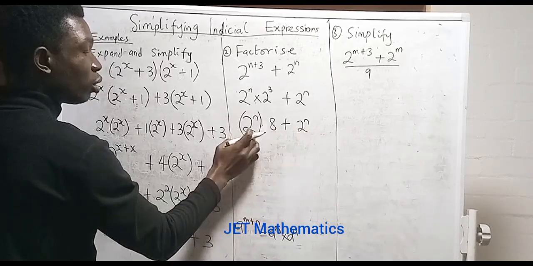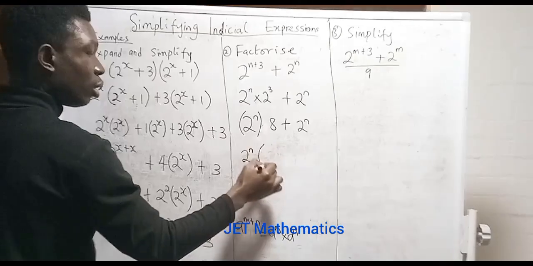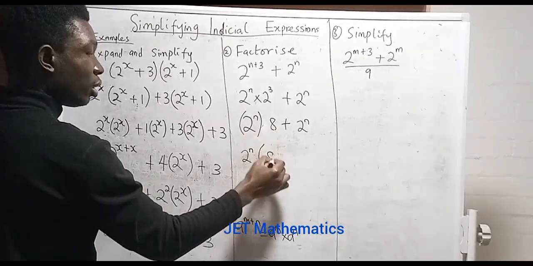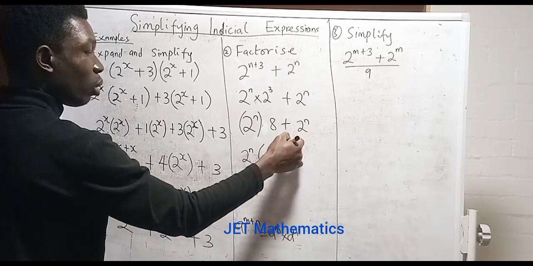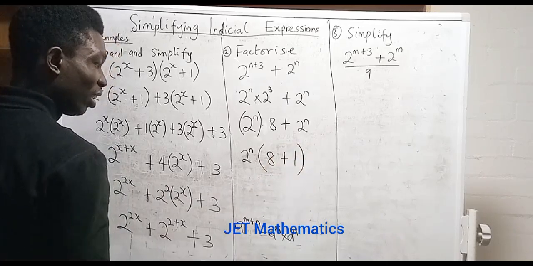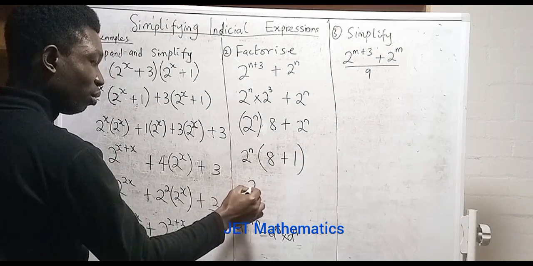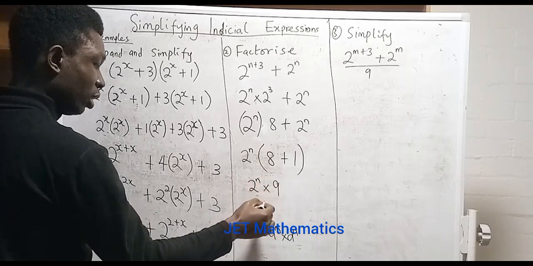We discover that 2 raised to the power n is common, so we bring out 2 raised to the power n. So what will be left here will be 8 plus what will be left here will be 1. I'm already seeing ahead of the answer. So at the end of the day, we have 2^n times 8 plus 1 is 9.